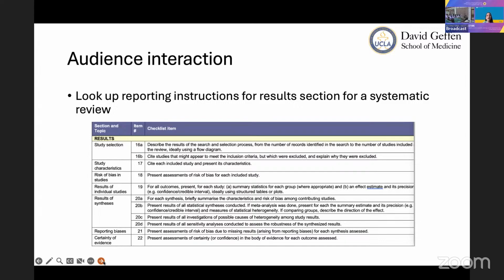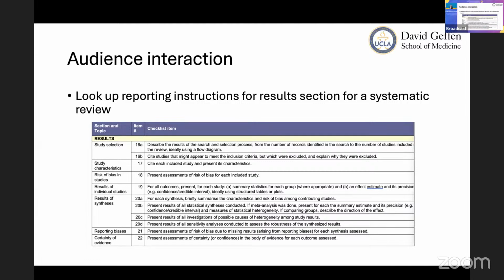So I do have a checklist. This is the one. You see how in the results section of the systematic review, this is from PRISMA, you have to include the study selection, study characteristics, risk of bias, results from the individual studies, and results of the synthesis for the systematic review, reporting biases, and certainly how certain the evidence is.